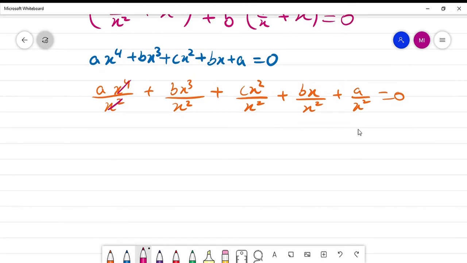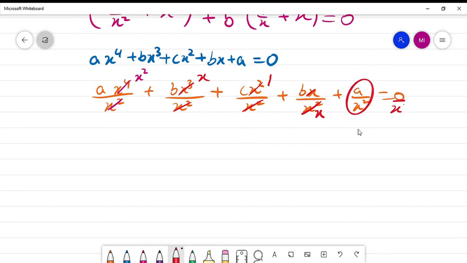So x squared and x to the fourth cut out, we get x squared. X cubed and x squared cut out, and we get x. X squared and x squared cut out, we get 1. X and x squared cut out, we get 1 over x, or x in the denominator. And we can't simplify here.